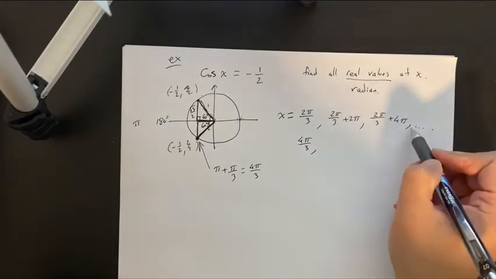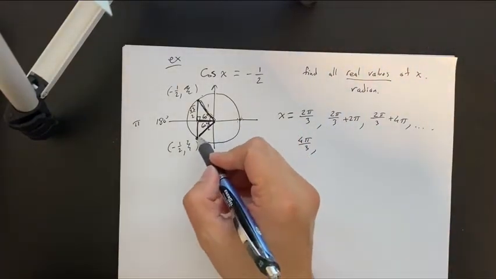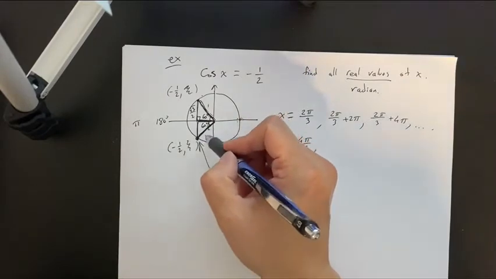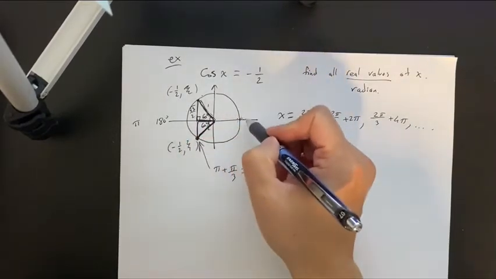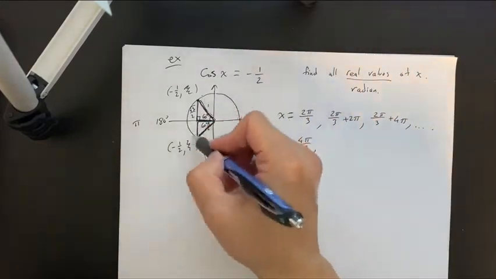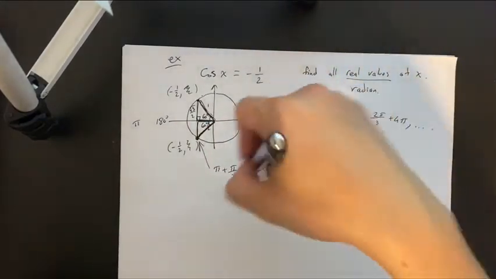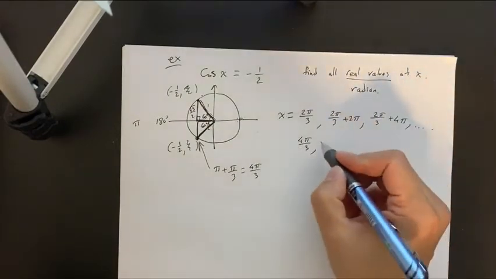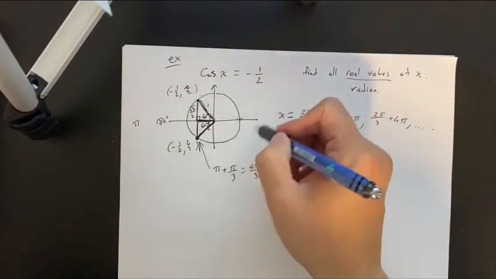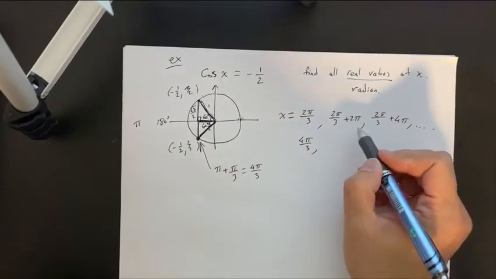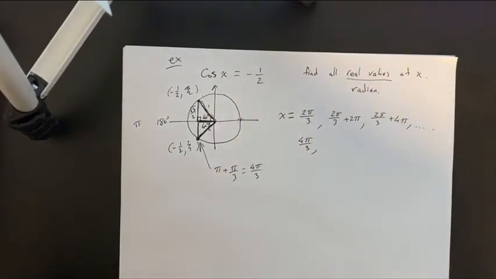And I've been adding 2 pi, but you could actually subtract 2 pi. That just means you went clockwise instead of counterclockwise. Doesn't really matter, right? So adding or subtracting 2 pi just means you're going clockwise or counterclockwise, but it does not change where you end up.